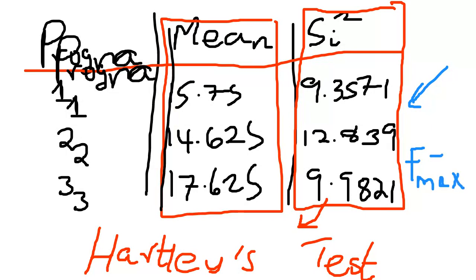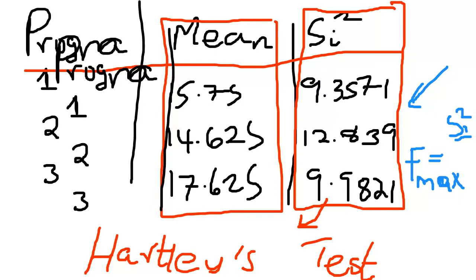F max is the largest variance divided by the smallest variance. Someone is writing on my board, guys. Which one is the largest variance, and which one is the smallest?